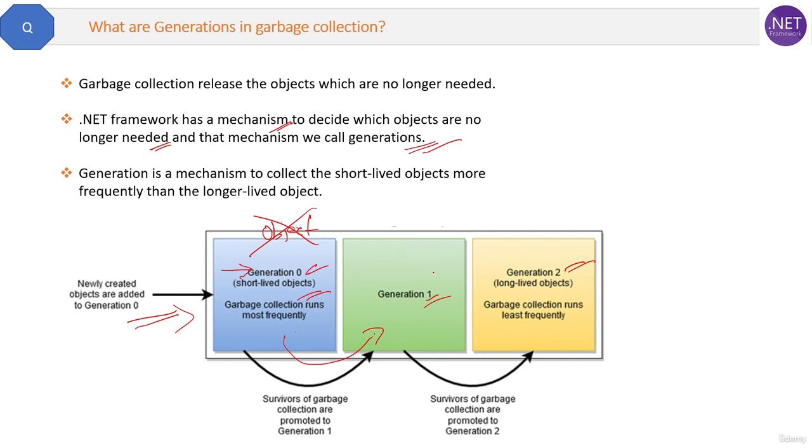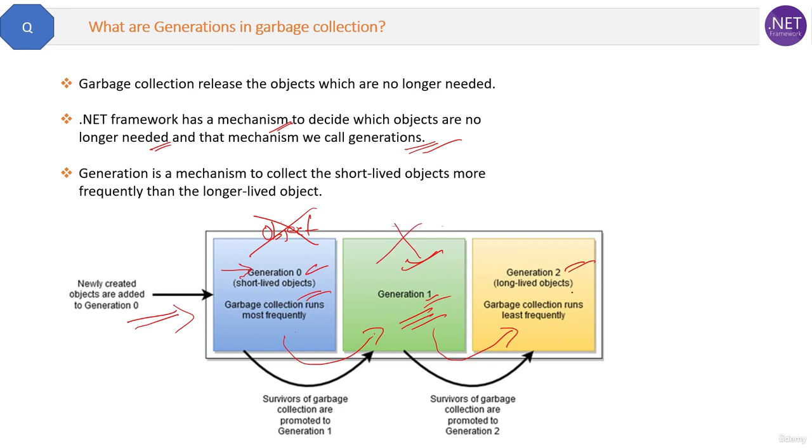In the same way, sometimes the garbage collector will visit generation 1 and check whether the objects present there are currently in use or not. If the object is in use, then the garbage collector will put it in generation 2, and if it is no longer used, then again it will dispose it.